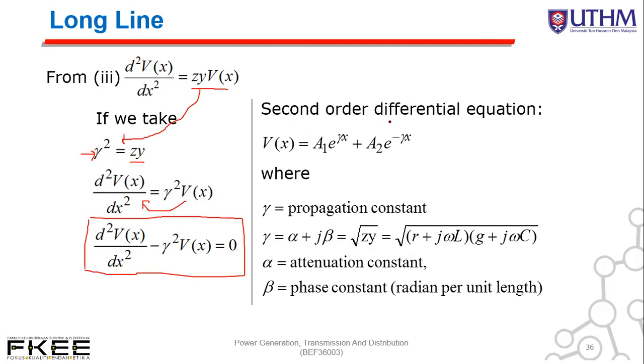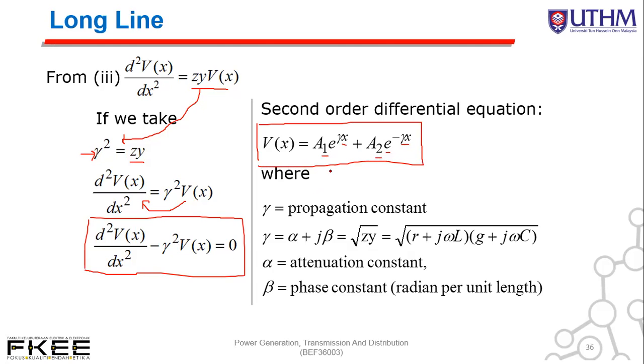And from the second order differential equation, we can find that Vx equals A1 exponent gamma x plus A2 exponent minus gamma x.